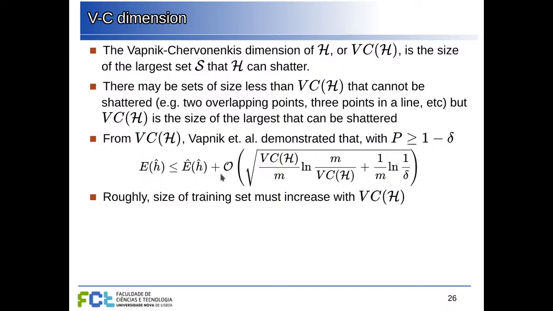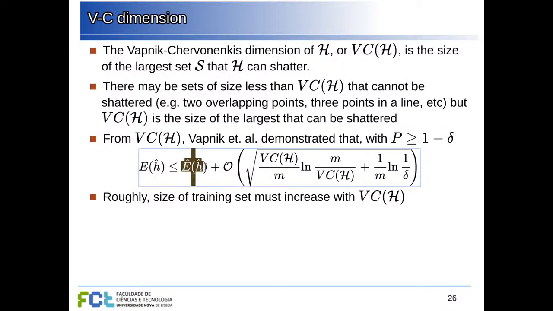And now there is a long demonstration of this result. We are not going to go into that, but it's similar to what we saw previously. So the upper bound of the true error of the hypothesis our learner gives us, the one that minimizes the empirical risk, with a probability of at least 1 minus delta, is this.